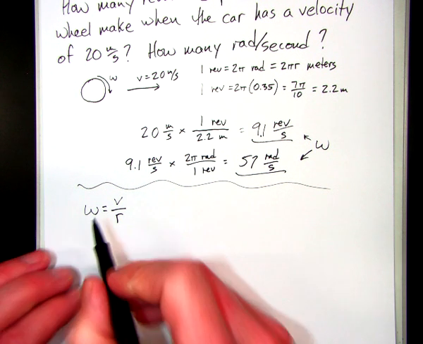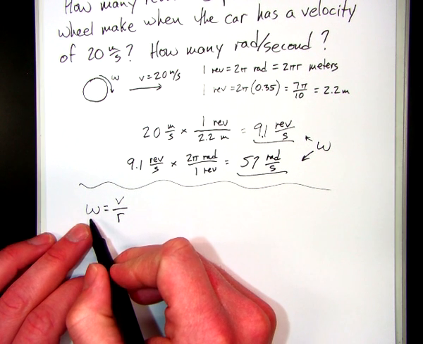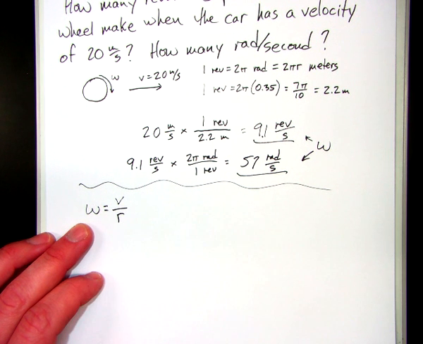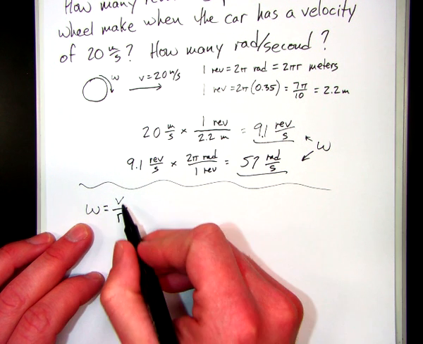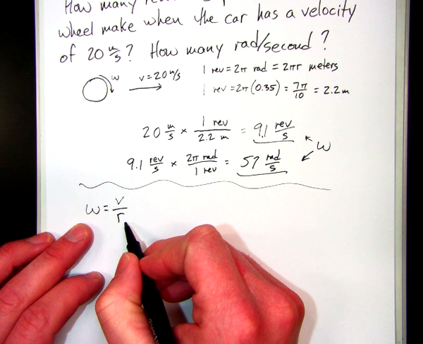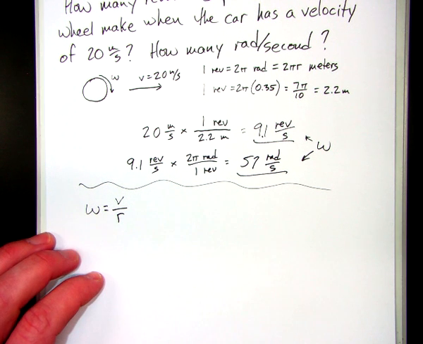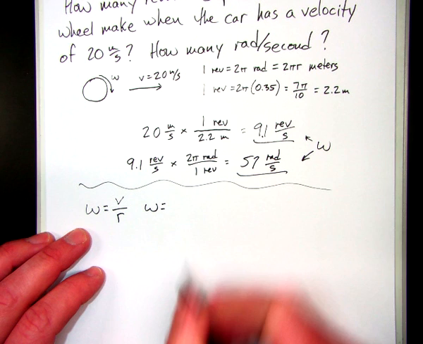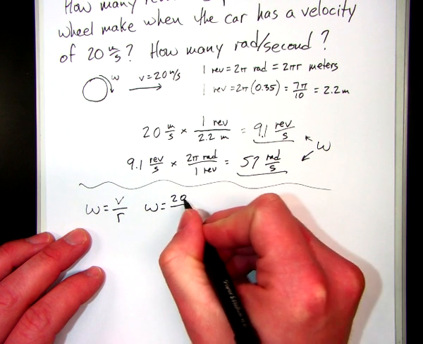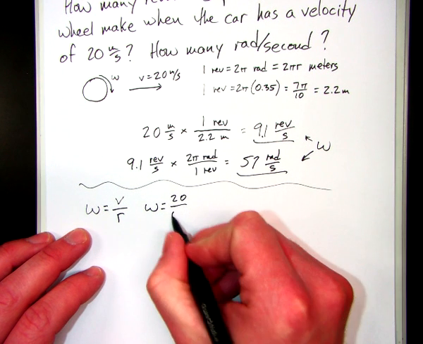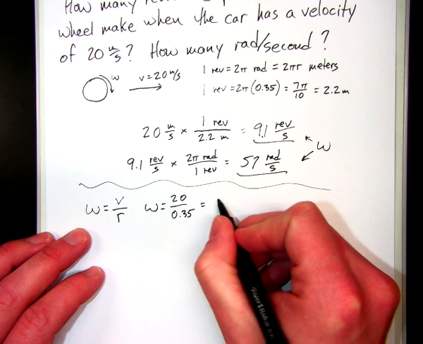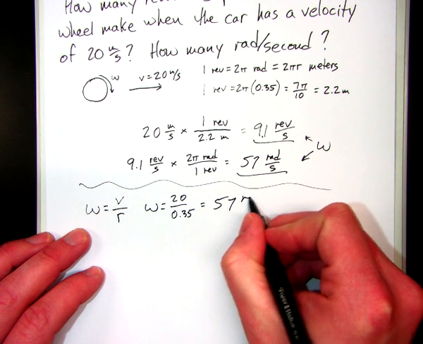So omega in radians per second is linear velocity divided by the radius. And if this is in meters per second, and this is in meters, we end up with 1 over seconds, or radians per second. So in this problem, omega will be 20, our linear velocity, divided by our radius, 0.35. And that simply is 57 radians per second.